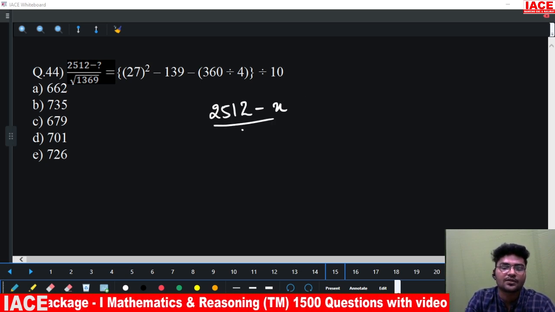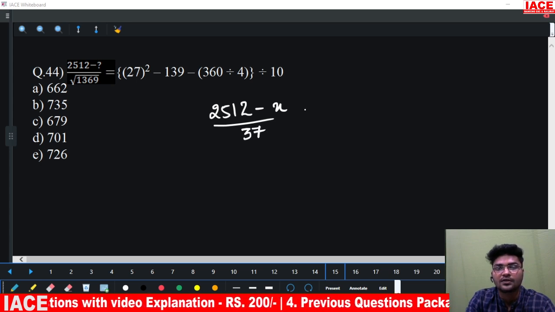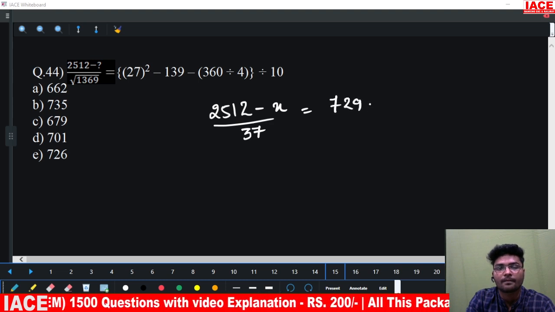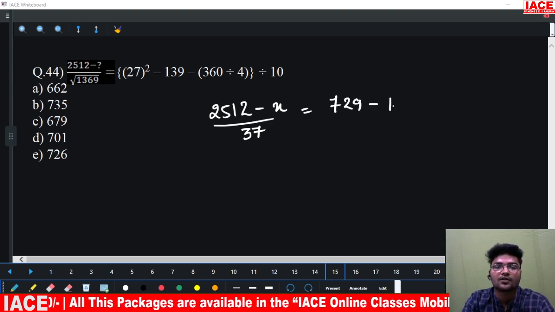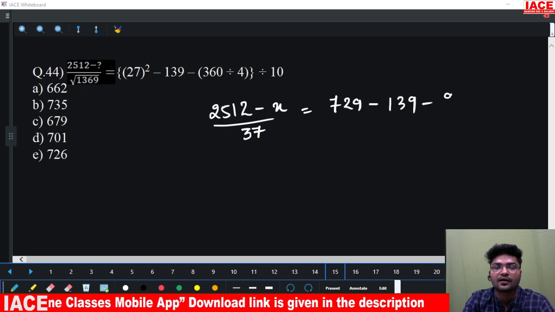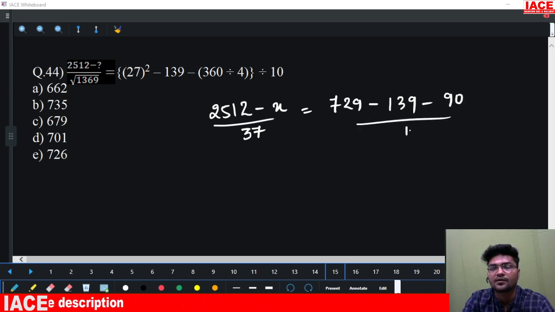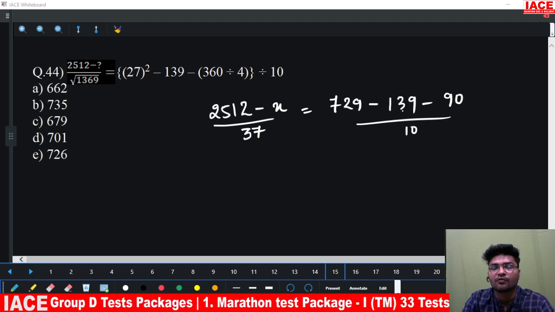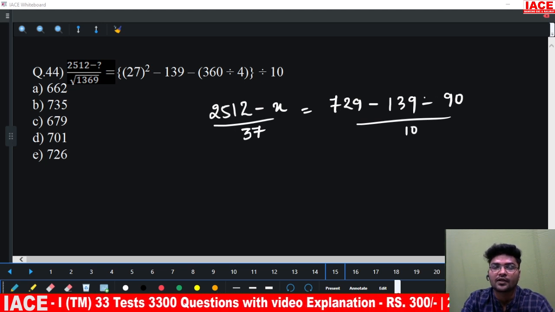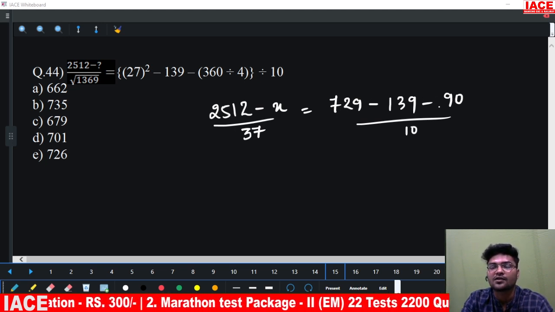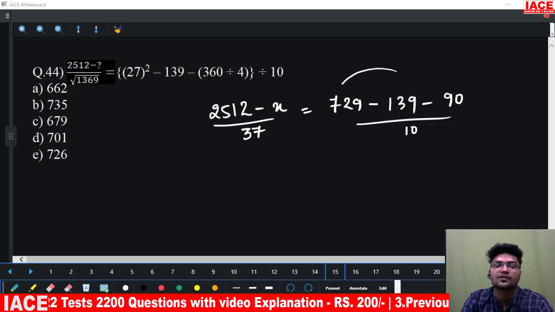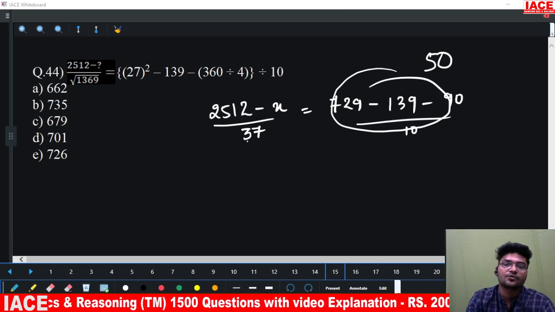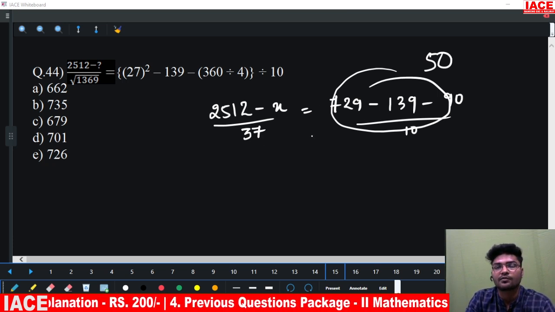Now 1369 means 37, is equal to 729 minus 139 minus 90, divided by 10. 139 and 90 means 229. 729 minus 229 means 500. 500 by 10 means this entire portion is how much? This entire portion is 50. So 50 into 37.